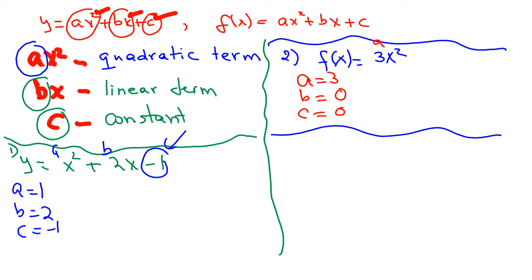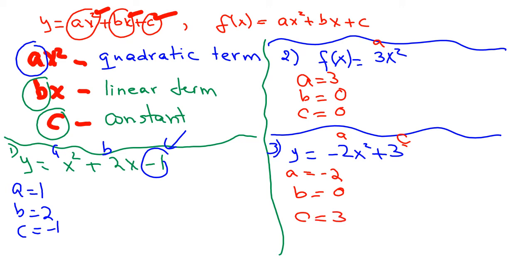Okay, now let's go with a third example. Let's say that I have y equals negative 2x squared plus 3. Now, this is my A, this is my C, and I don't seem to have a B. So, A is negative 2, B is equal to 0, and C is equal to 3.